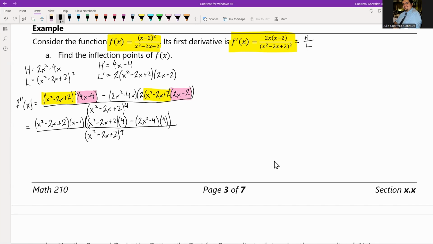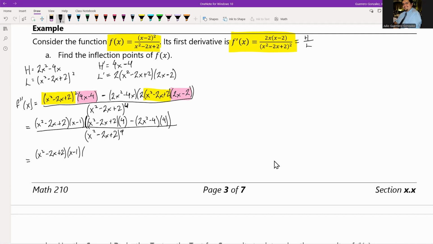All right. Equal. I'm still reducing here. What we get left with is this. X squared minus 2x plus 2, x minus 1.